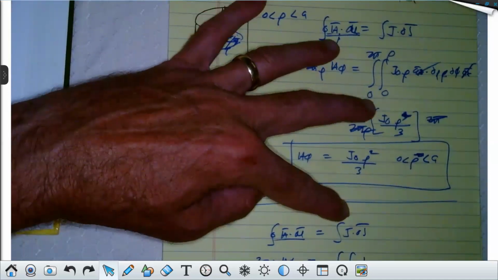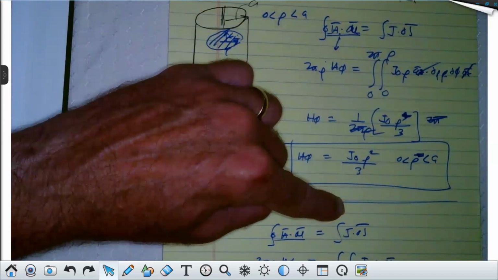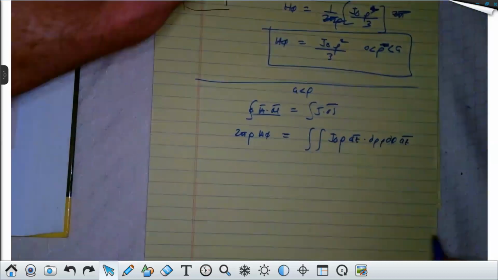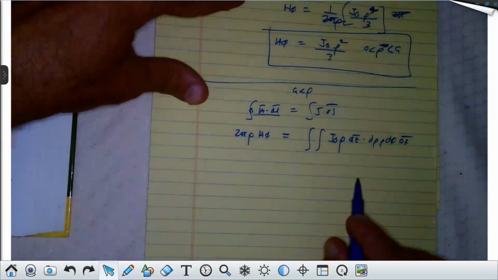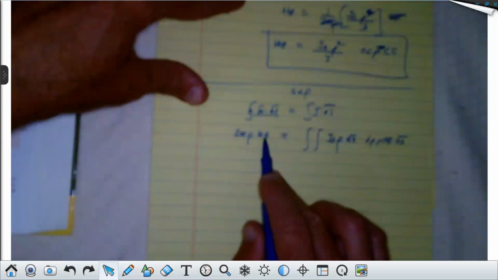We have J naught rho in the az direction, dotted with d rho times rho d phi az. I'm applying H dot dl as just 2 pi rho H phi here.